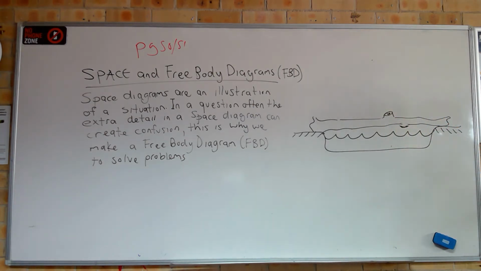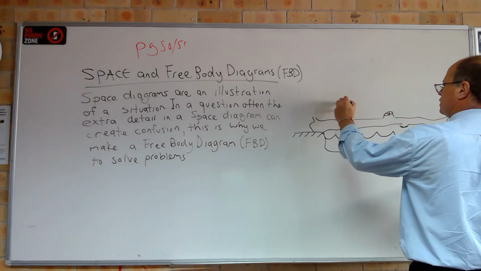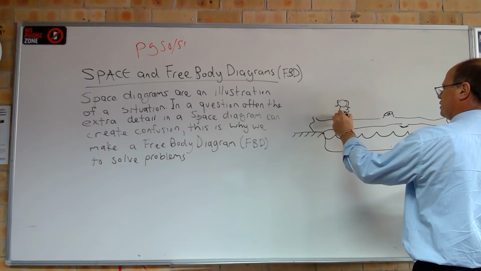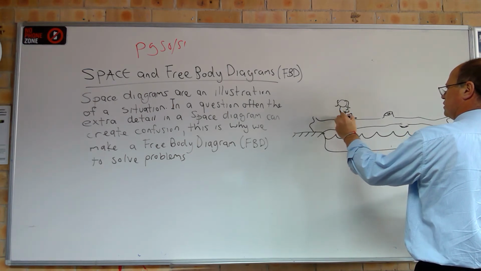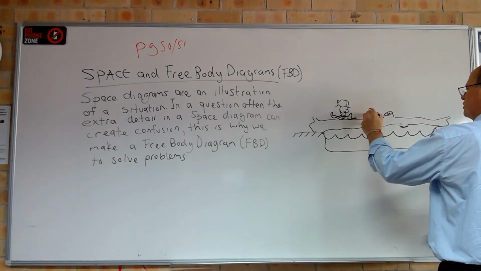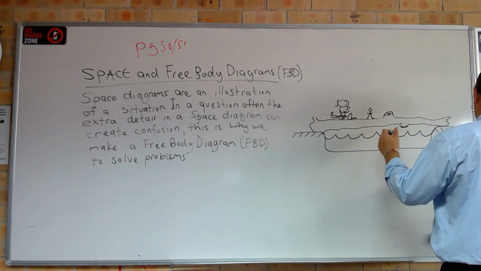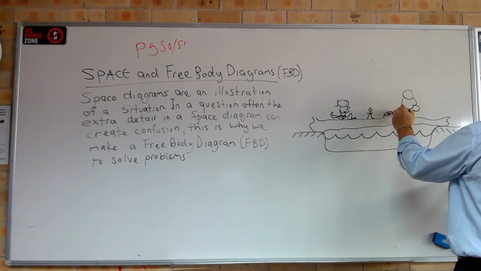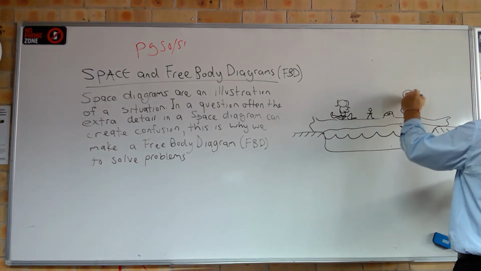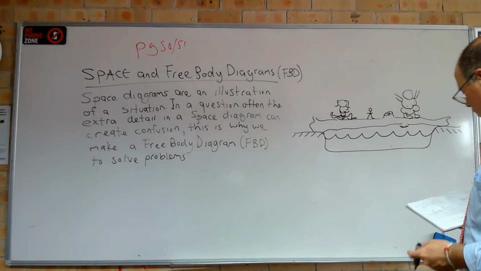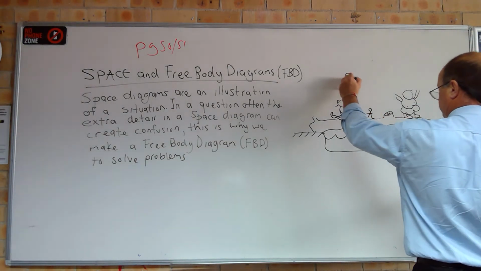Okay, and that's our log. And then we will have like a young lady running across, and we'll have a little child running across, and then we'll have me crossing the river. And that's our space diagram.